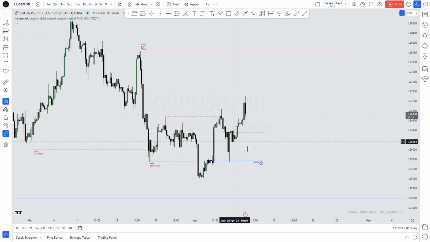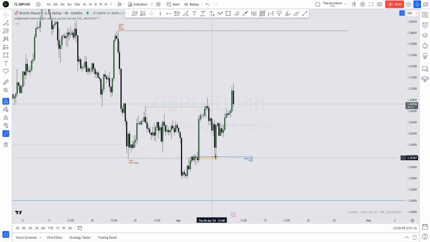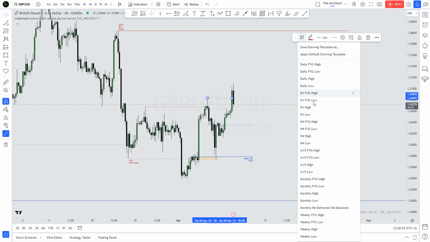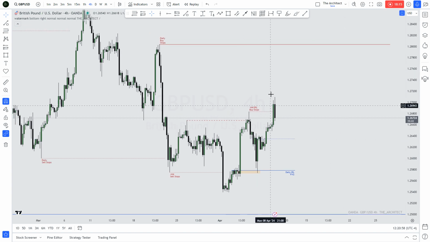After that, we see that price delivered back into this daily fair value gap, but most importantly, it filled that 4 hour order block over there, which resulted in a move higher as to reach these buy stops. I did take a buy earlier on, reaching into those buy stops over there.